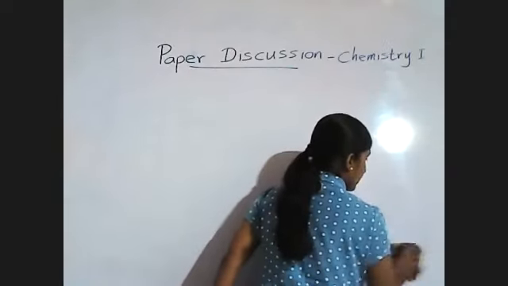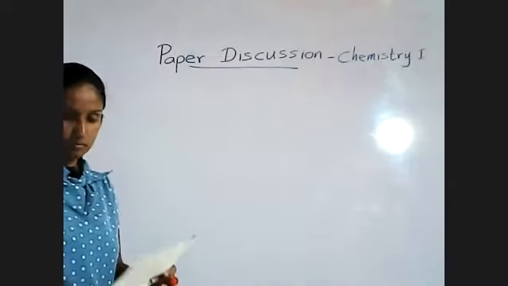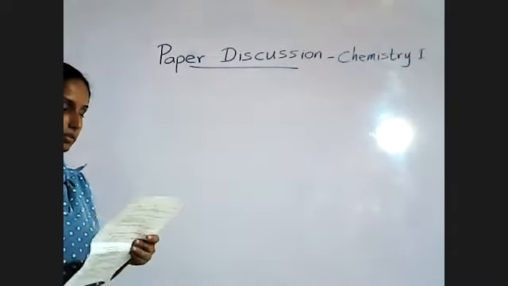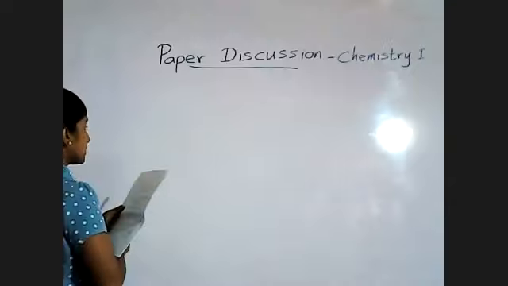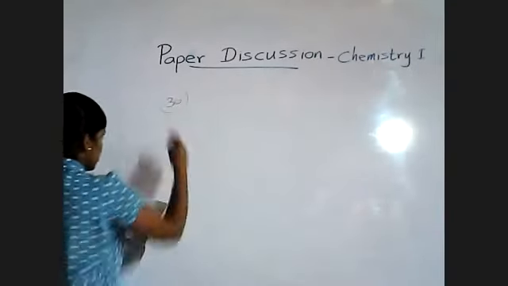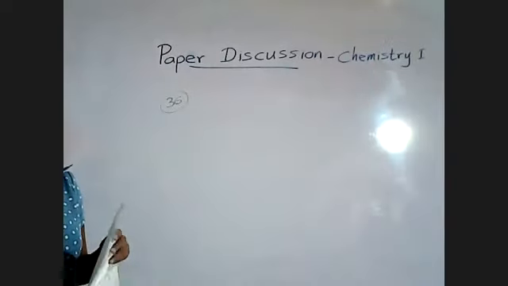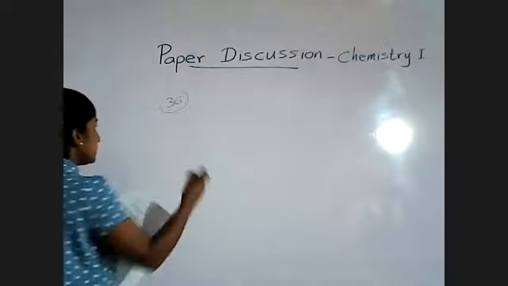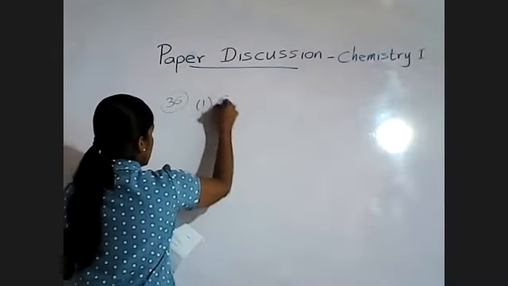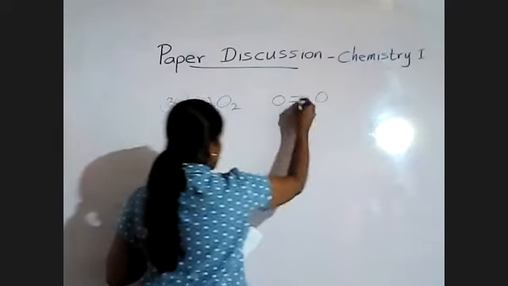In oxygen, there is a double bond, 2 bonds.